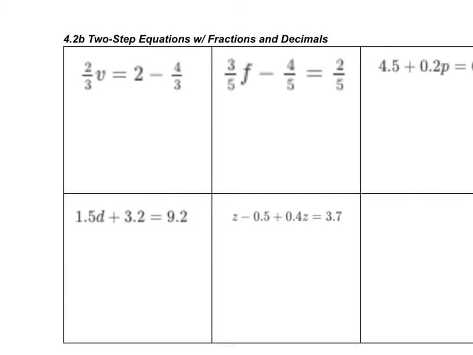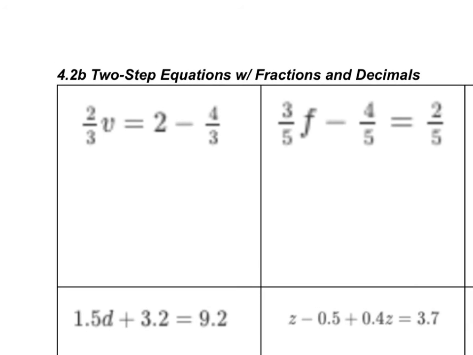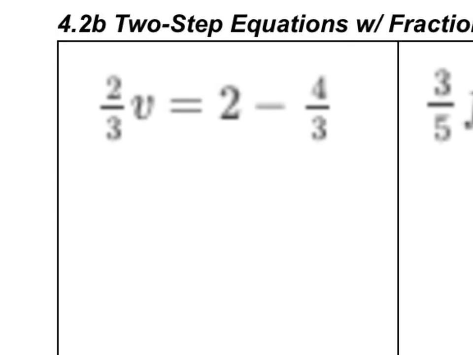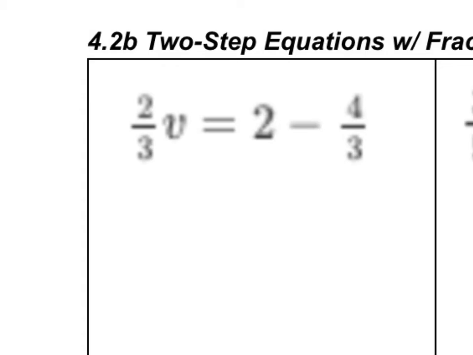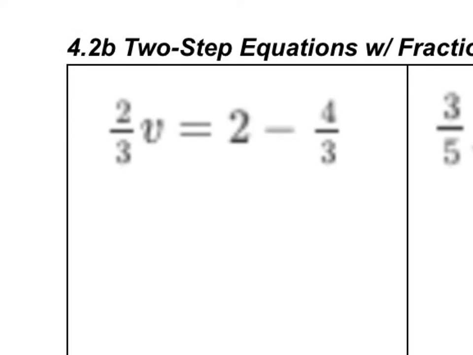All right, so first we're doing two-step equations with fractions and decimals. Well, if I look at this problem right here, I see right away that there are fractions. I'm pretty sure you'll be taught this trick, and the whole explanation will be done in class, but this is kind of what you do.